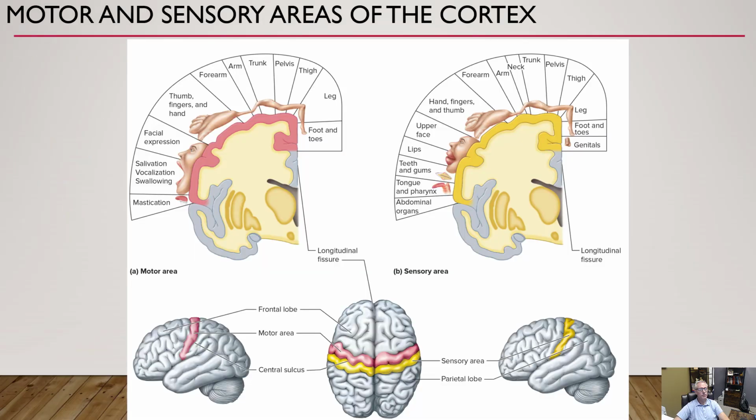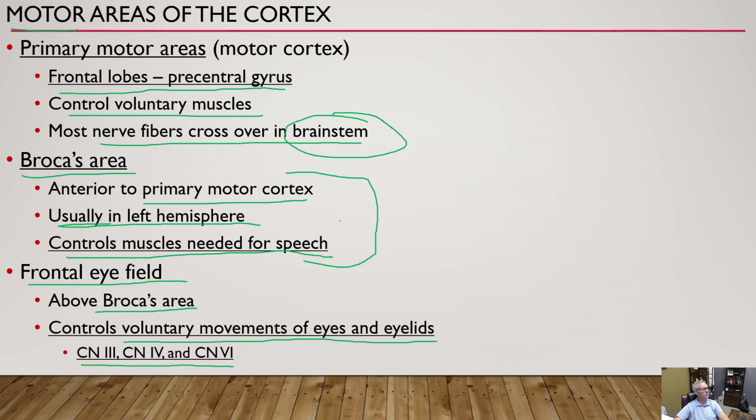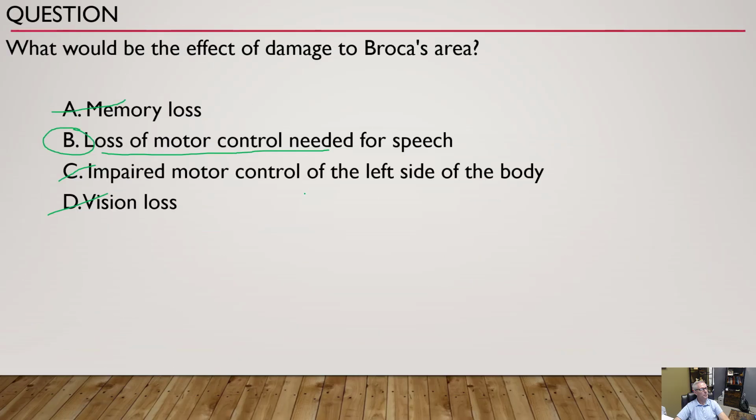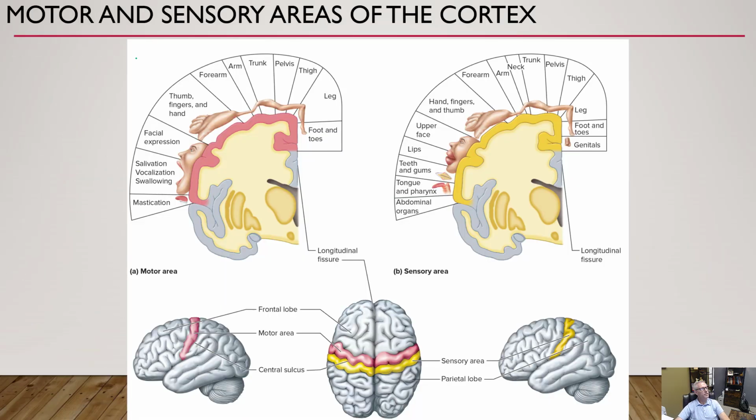All right, so I said that we'd get to, when I talked about this primary motor cortex and that precentral gyrus, and that we have these sensory areas. So we have these motor and sensory areas of the cortex. We have this thing called a central sulcus, which is right here.